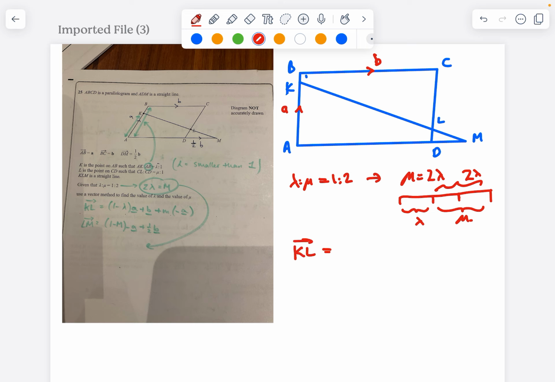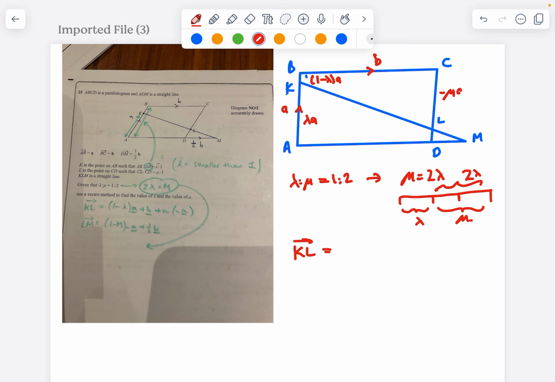Now this whole A to B is A, and A to B is split into A to K, K to B. So this part at the bottom is equal to mu A, and this part at the top is 1 minus mu A. And the same thing on the other side.